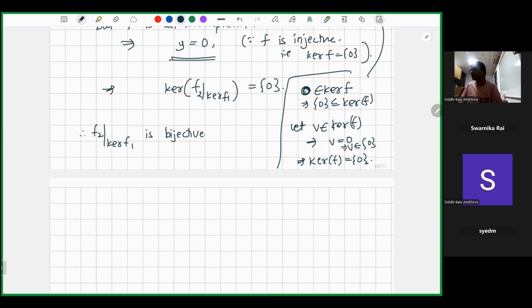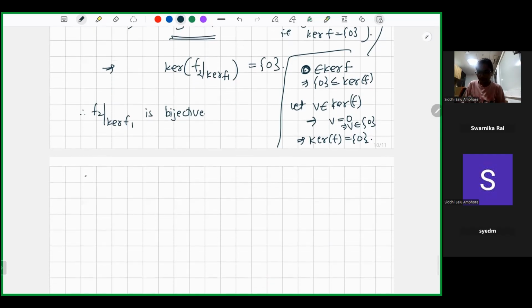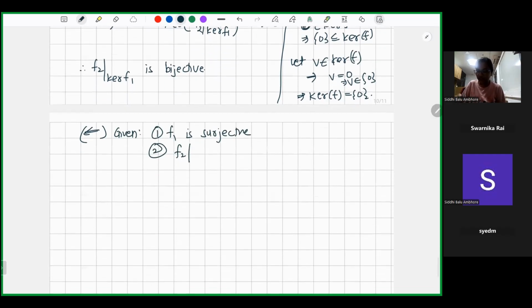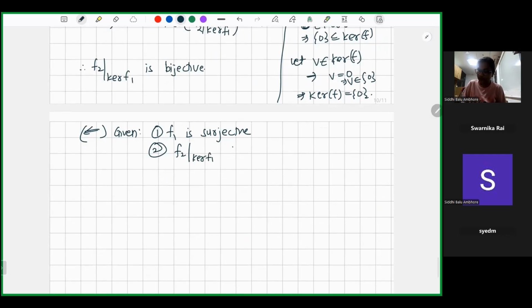Now the converse part. We are given, first, that f1 is surjective, and secondly, that f2 restricted to kernel f1 is bijective.